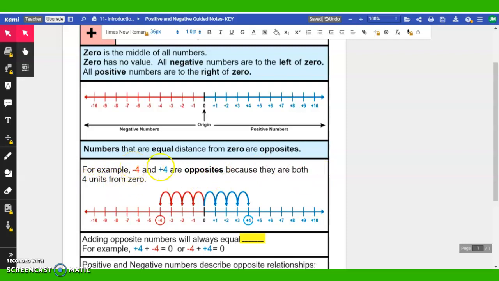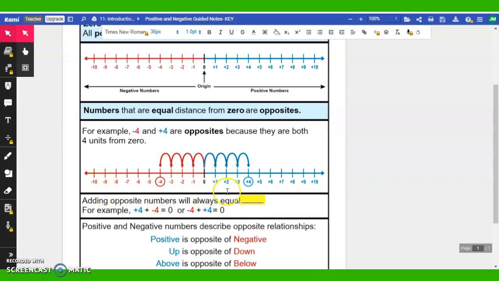So -4 and +4 are called opposites. If you start at 0, you move exactly 4 units to the left, and then you move 4 units to the right for the +4. That's why we call them opposites. So numbers that are equal distance from 0 are called opposites.